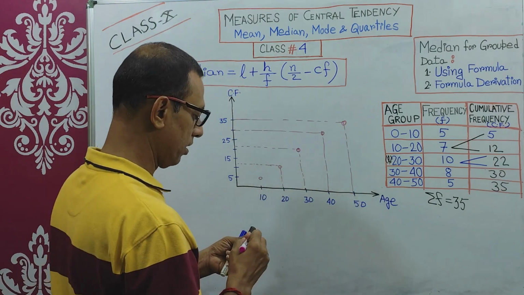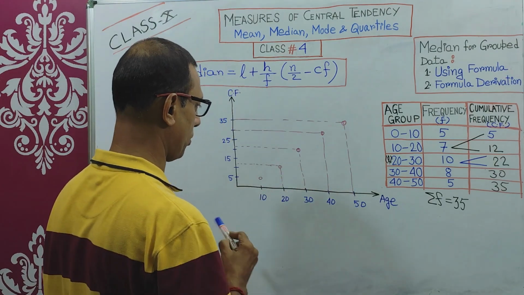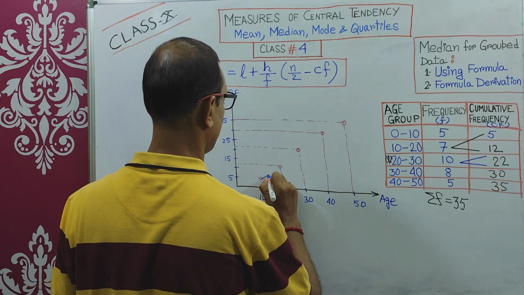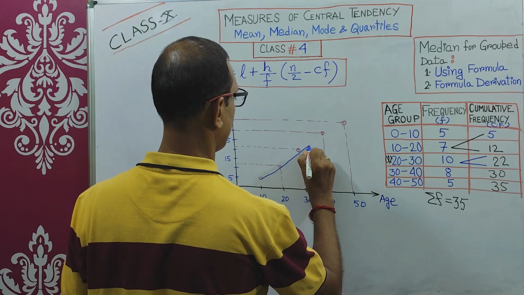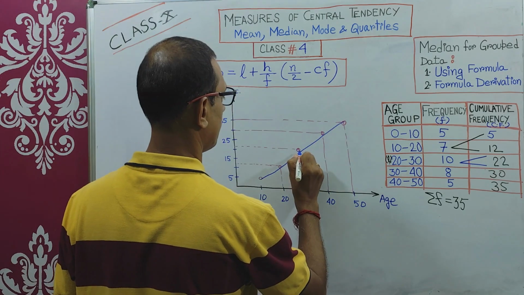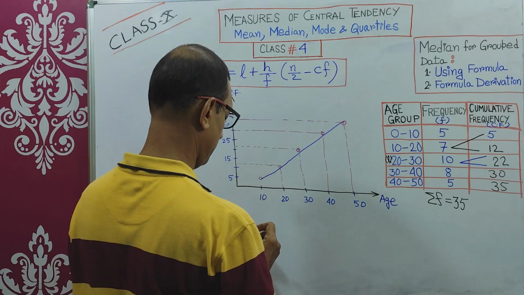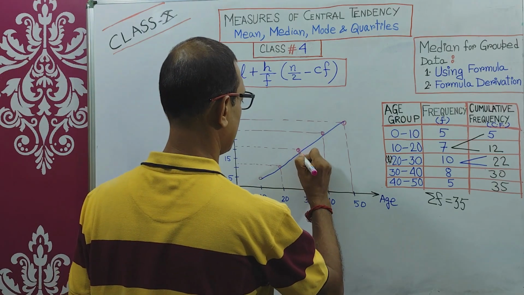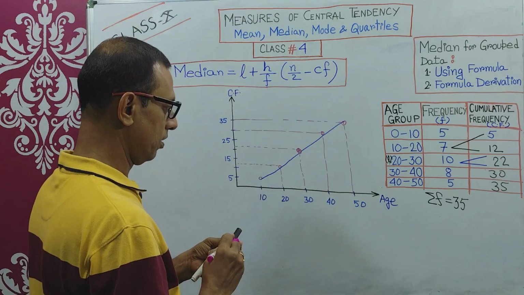So these are the points. Now you need to join these points, and all of them will lie on the same line, right?